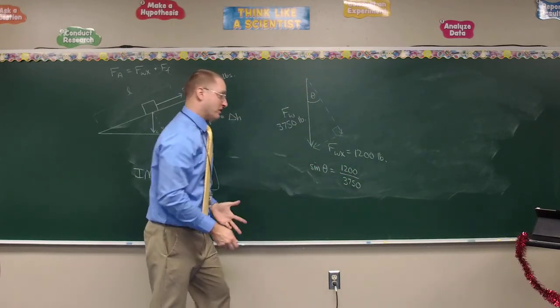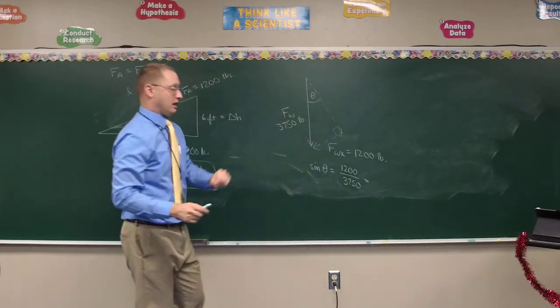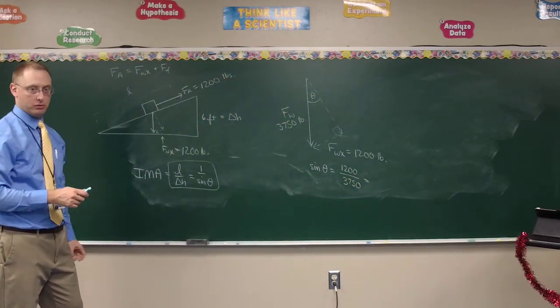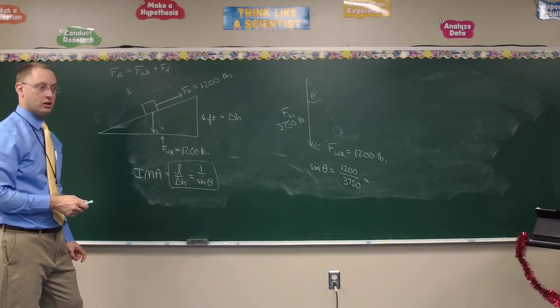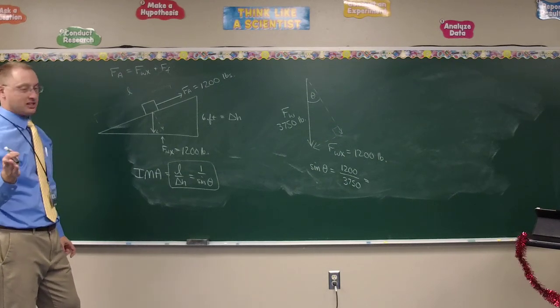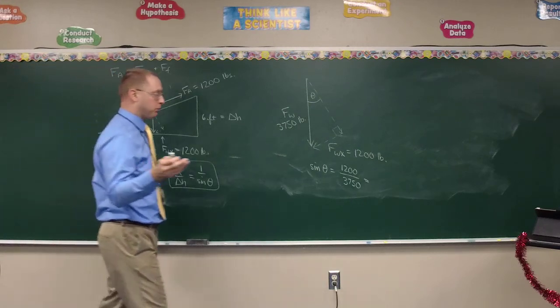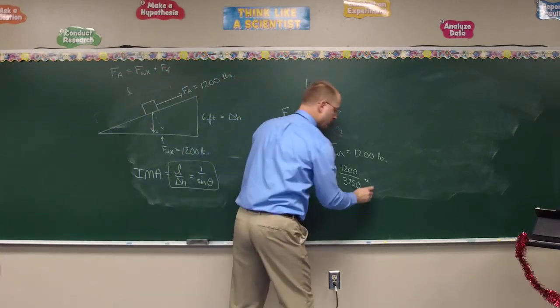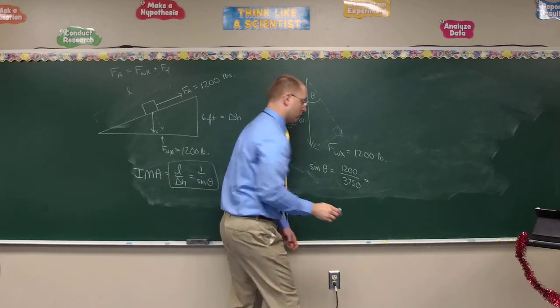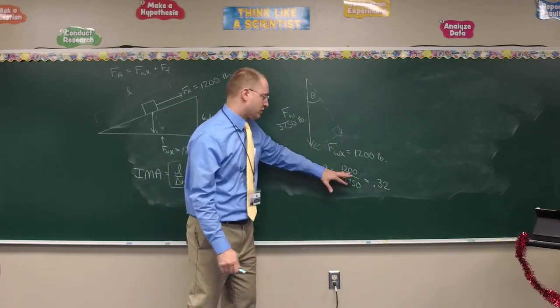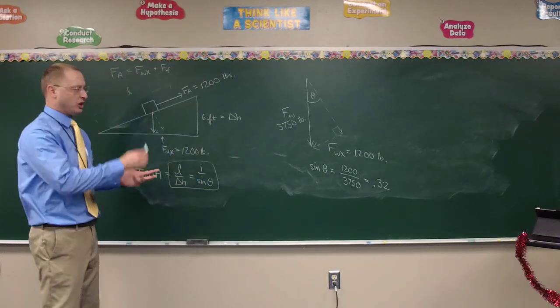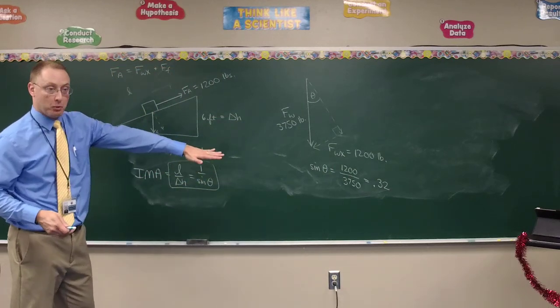So if I just divide these numbers, I'll get the sine of theta. What does the sine of theta come out to? It's 0.32. Is it coming exactly to 0.32? Oh, hey, that's awesome. I could see it working out evenly because they're divisible. There are multiples of 5 in there. You knock off some zeros. So the sine of theta comes to 0.32.